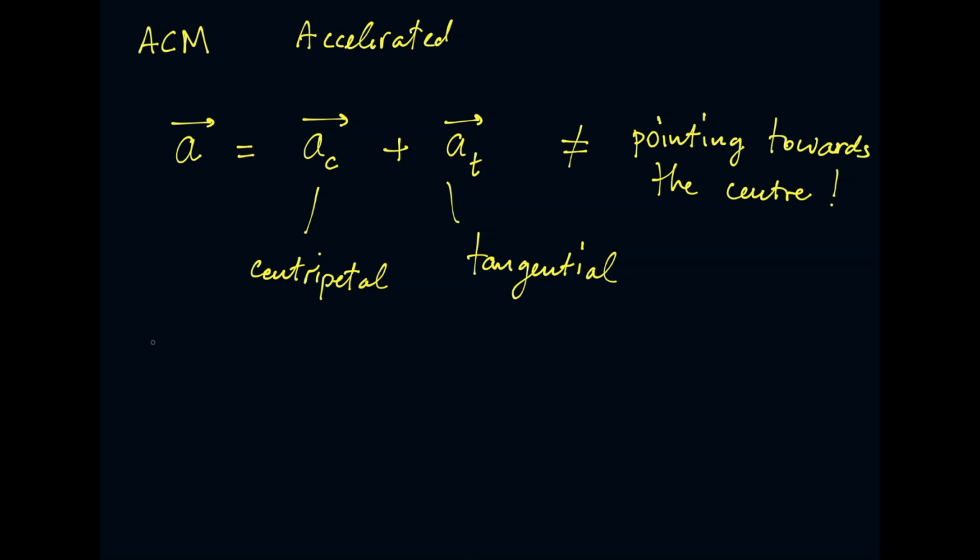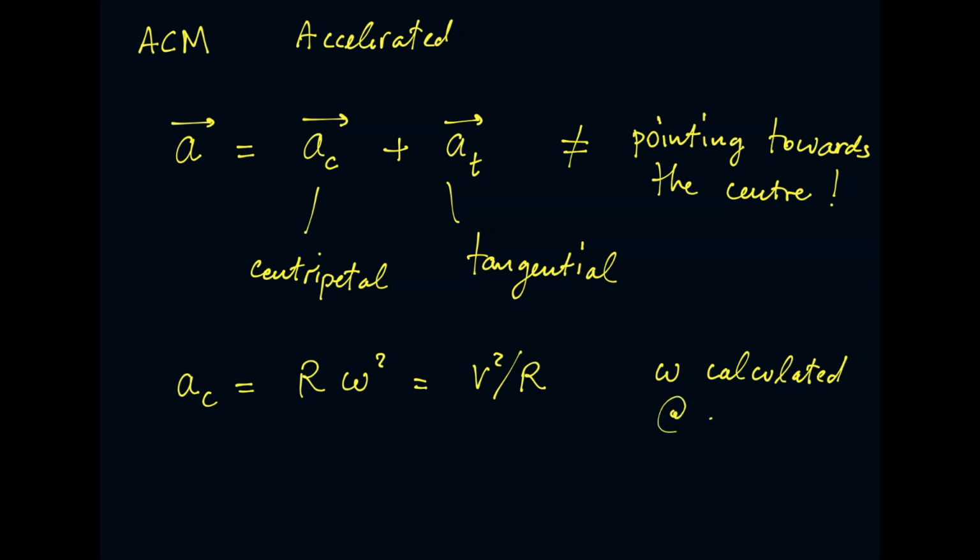And in particular, you can show that the centripetal acceleration is the usual r omega squared, or v squared over r, where it's understood that omega is not a constant, so I need to calculate it at each time.